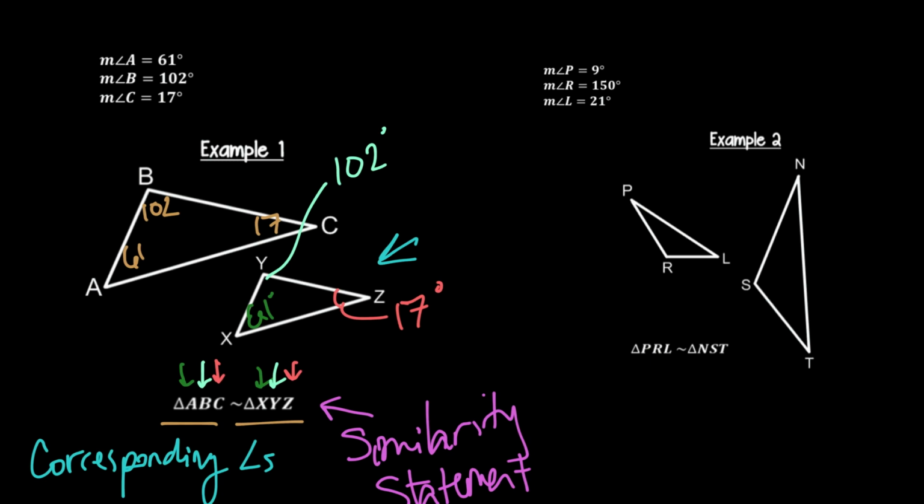Looking at example 2, we have another very similar setup. We are given our similarity statement, and using this, we can fill in all of the angle measures that we do not have. We are told that the measure of angle P is 9, the measure of angle R is 150, and the measure of angle L is 21.